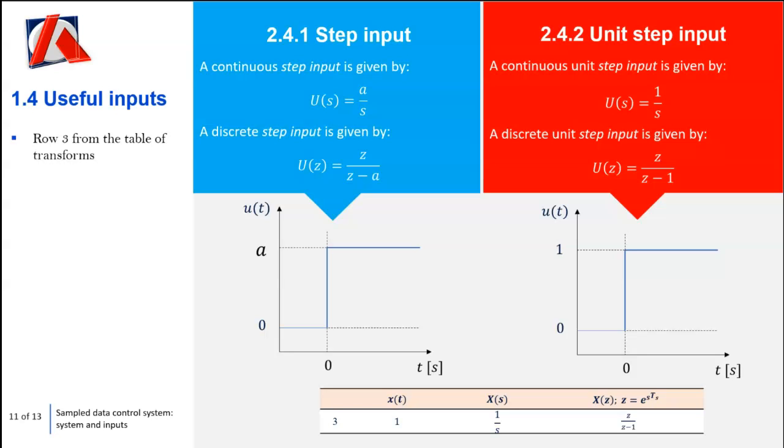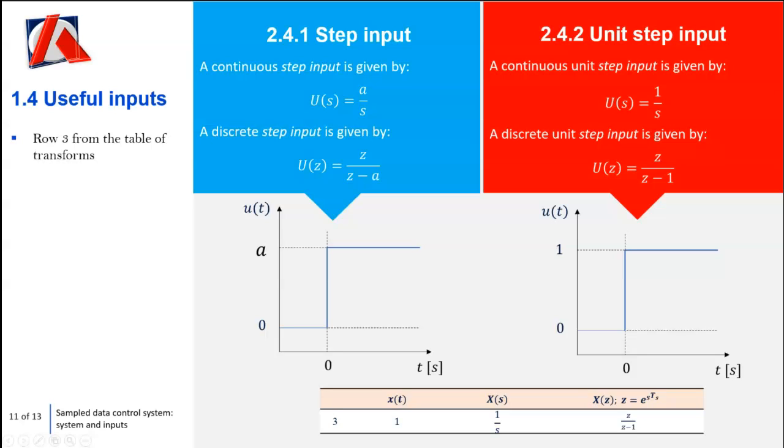The final part we're going to go over in this lecture is useful inputs. The step input, or unit step input, will be the input or reference that we mainly use. In the continuous domain, you should be used to seeing U of s equal to A over s, where for a step input you can define A as any given value.